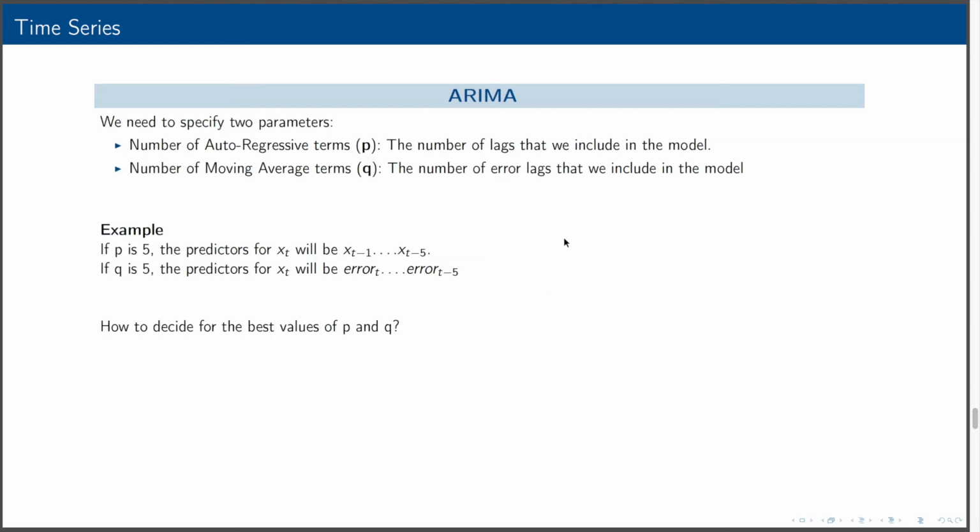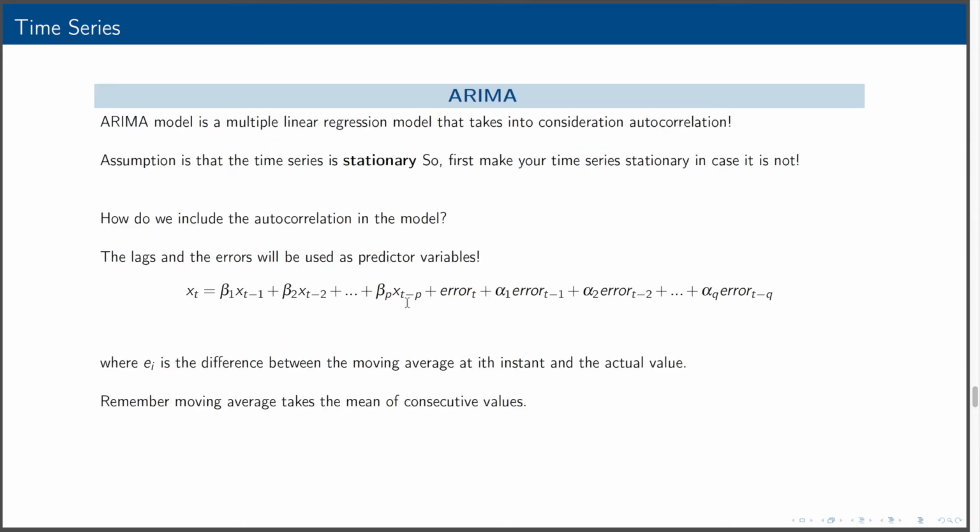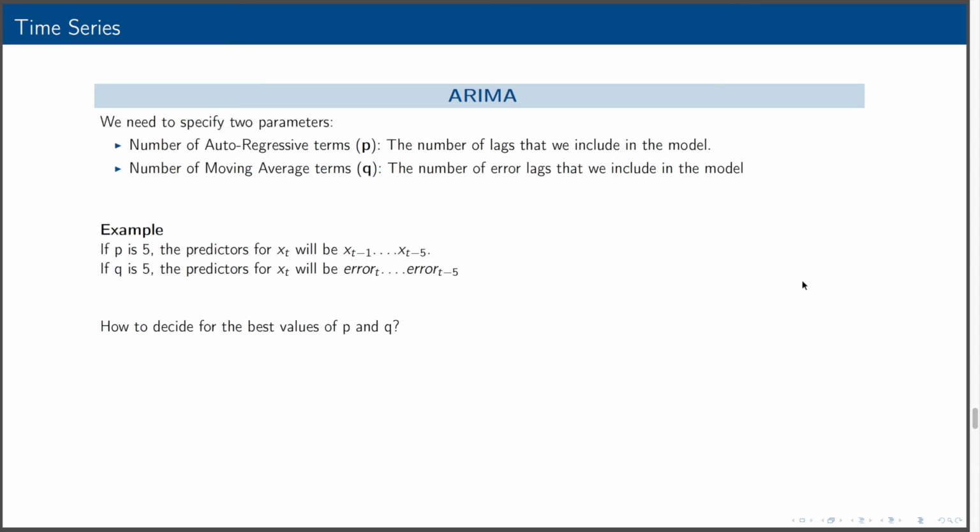Okay, so how do we find the number p and how do we find the number q? That would be the question, right? How many time steps do we go into the past? And here is where we call p the number of autoregressive terms and q the number of moving average terms.